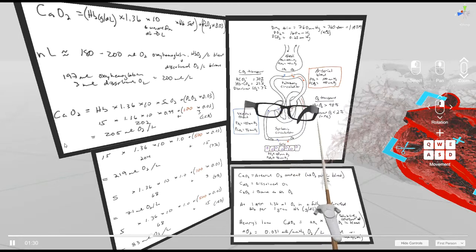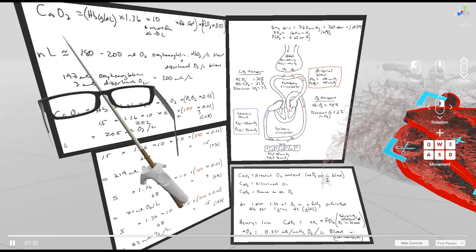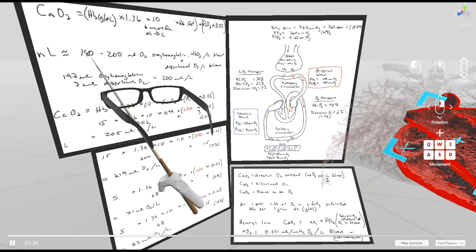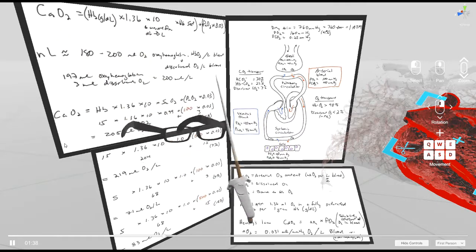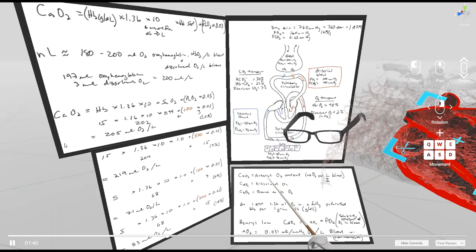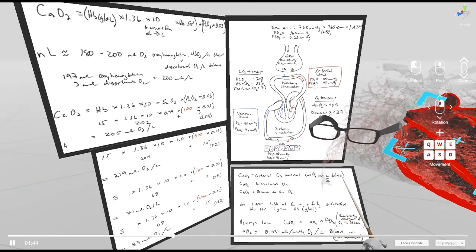So there are two components when we discuss the arterial oxygen content of blood. Let's start down here, sorry. The arterial oxygen content of blood is the milliliters of oxygen per liter of blood. In pediatric cardiology, we use liters of blood because of a lot of the calculations related to flow. You'll find a lot of deciliters.